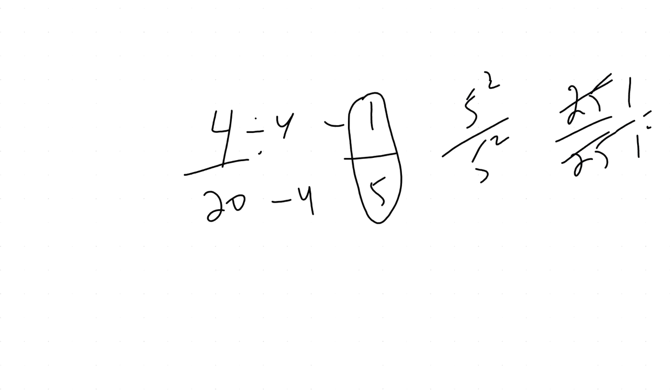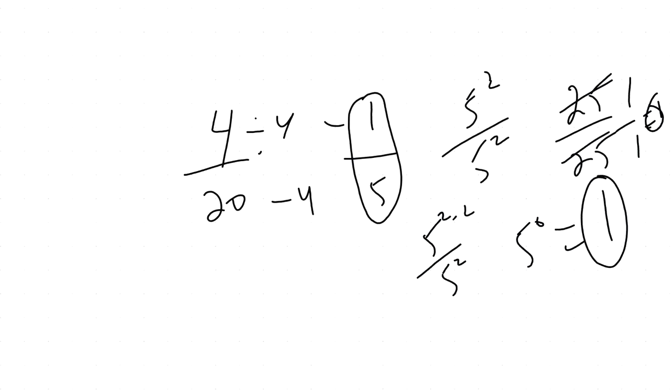So as you can see, 5 squared over 5 squared is 5 to the 2 minus 2, 5 to the 0. Well, it's still got to equal 1 because equals means the same, right? So 25 over 25, 1 over 1, 1 over 1 is equal to 1, not 0. So 5 to the 0 power, either way you do it, you're going to just get 1, okay?